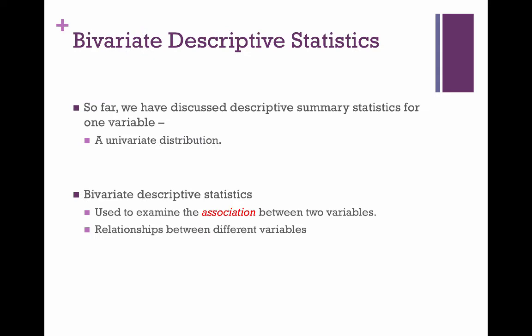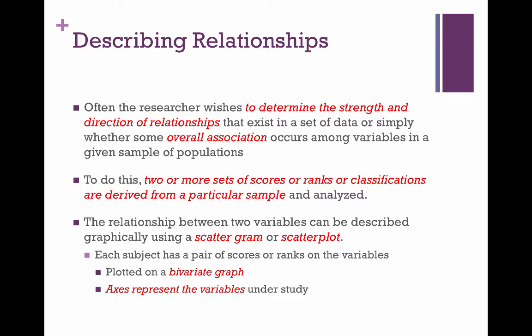Bivariate descriptive statistics. So far we've discussed descriptive summary statistics for one variable, but we could also look at descriptive statistics for more than one variable if we want to look at associations or relationships between variables. If we're describing relationships, we're looking at the strength and the direction of the relationship.